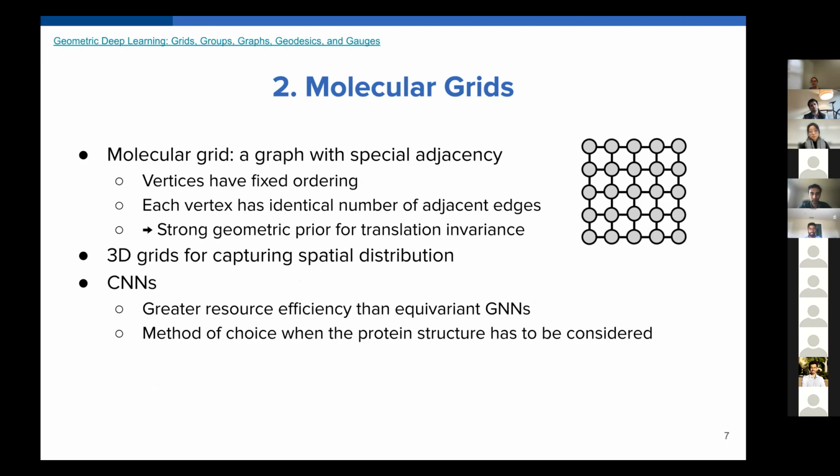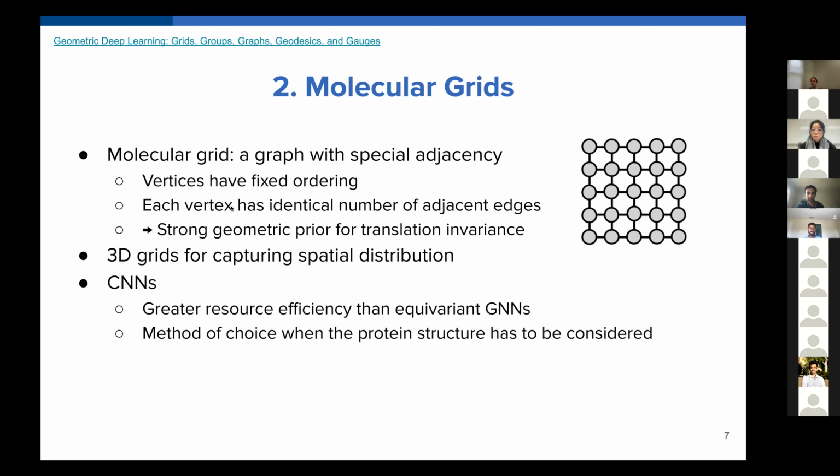The second main category is molecular grids. We can consider a molecular grid to be a graph with some special adjacency configurations. It's basically a graph where the vertices have fixed ordering that's defined by the spatial dimensions of the grid. It's also a graph where vertices have identical numbers of adjacent edges.